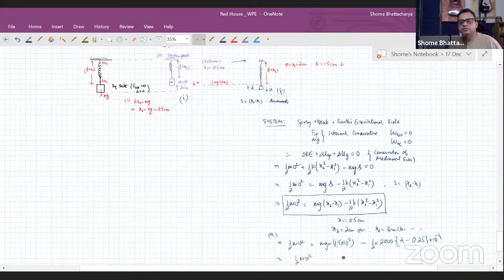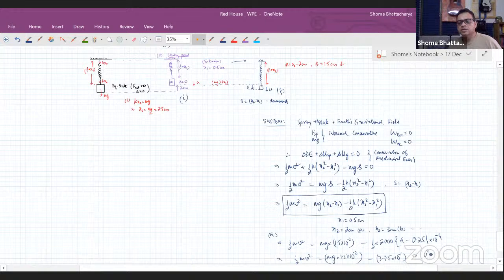So half mv square will be mg into 1.5 into 10 raised to power minus 2, minus, so that becomes 3.75 into 10 raised to power minus 1. And we can just substitute the value of m now. So it's 5 kg.